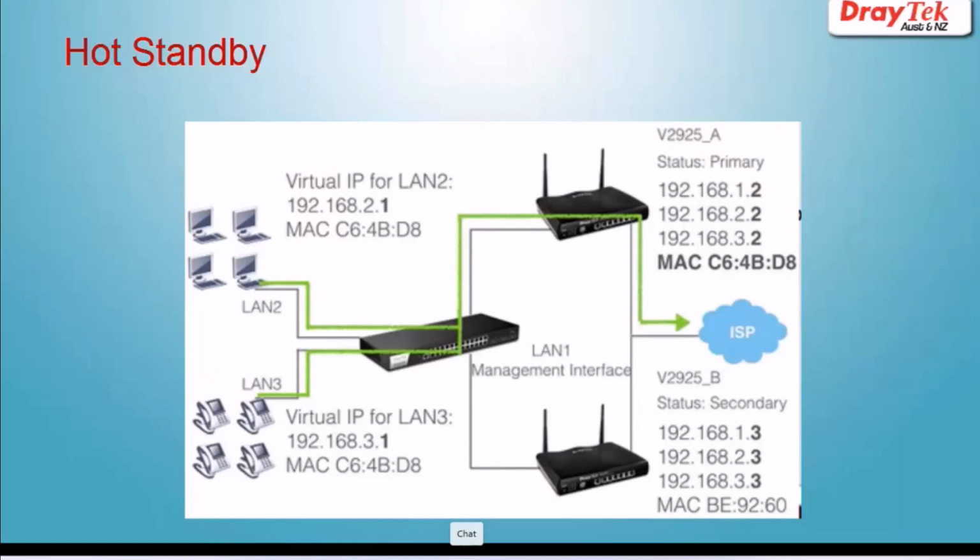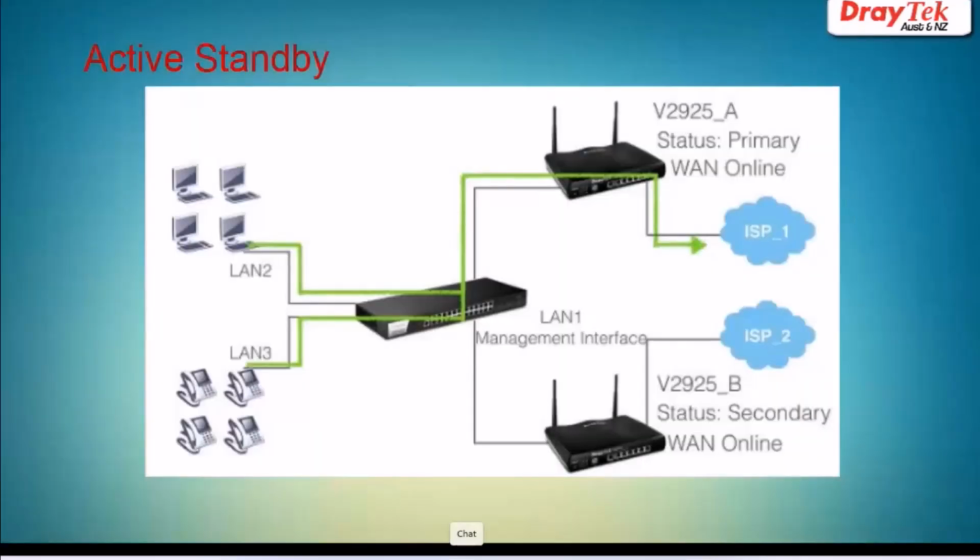When the primary router goes down, the secondary router will come up and use the same WAN connection to connect to the internet. In active standby mode, the primary and the secondary router have different WAN source. Both primary and secondary router are online via their own WAN connection. This mode does require two separate active internet, of which one will be standby mode.